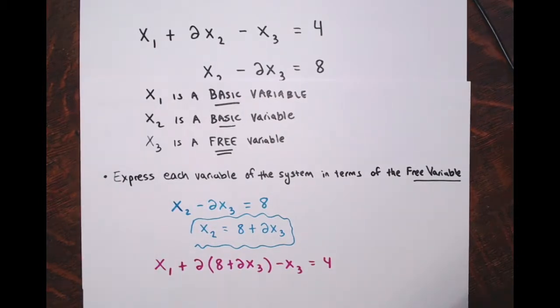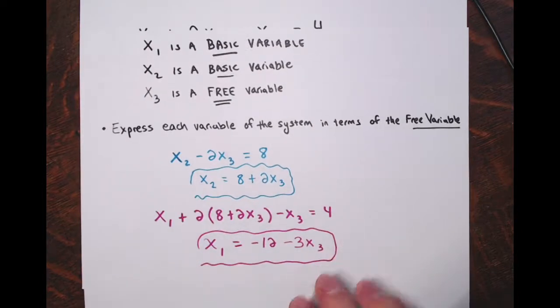So if you were to solve this for x1, you would have 2 times 8, 16. I would subtract 16 and get a negative 12 on the right side. Then you have plus 4x3, which minus x3 would be plus 3x3, and then I subtract that, minus 3x3.